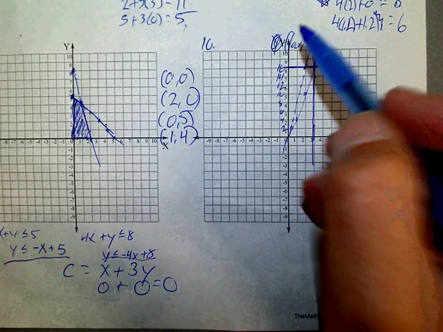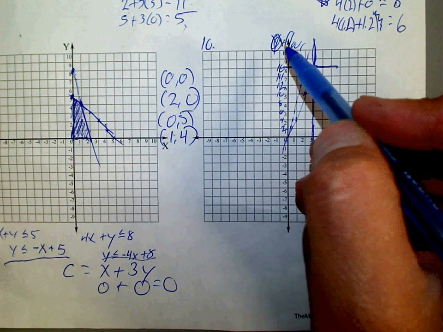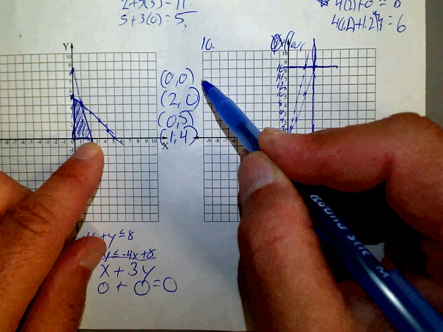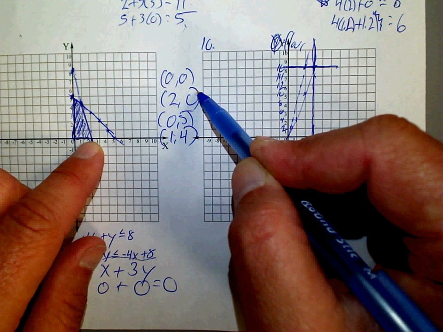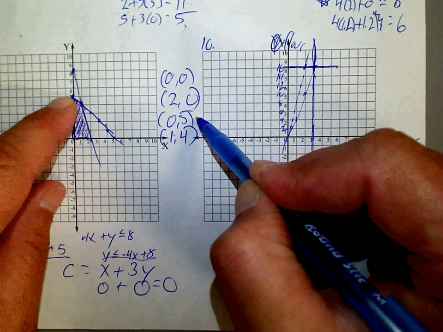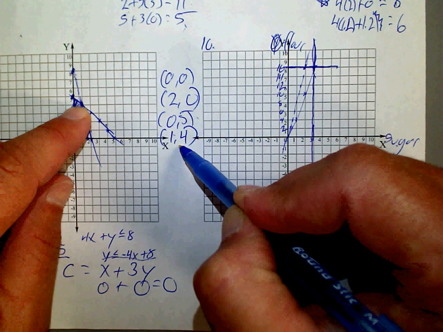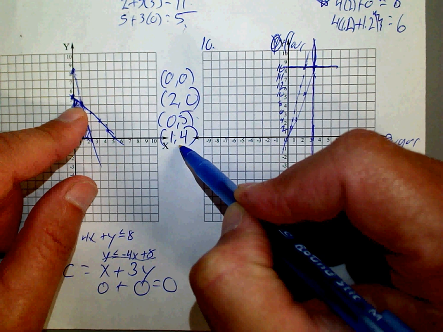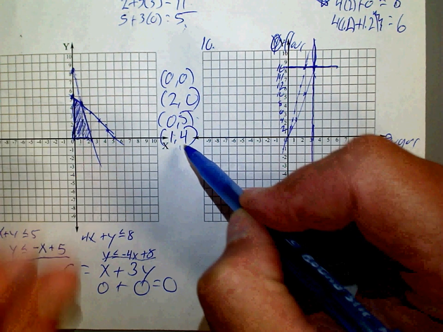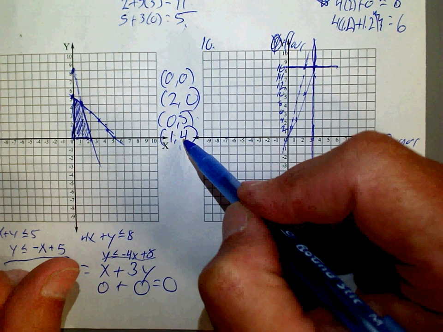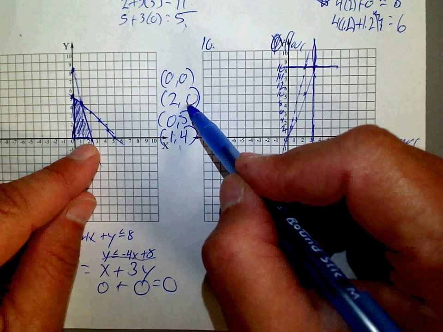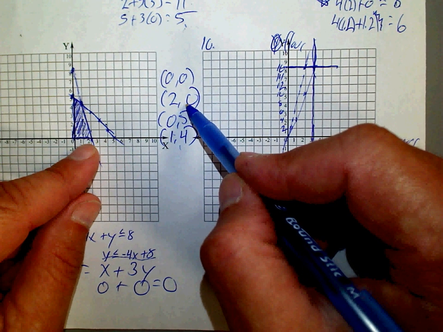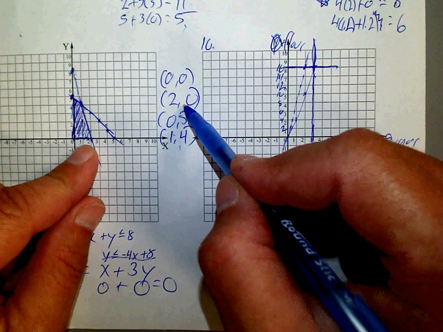Here are the vertices that you should have found. 0, 0, 2, 0, 0, 5, and the last one is very seeable, 1, 4. That's a good test question, isn't it? I got 2, 0 instead of 3, 0.